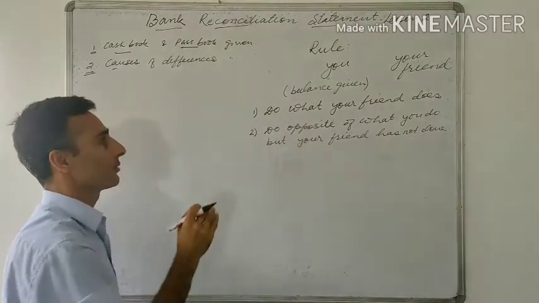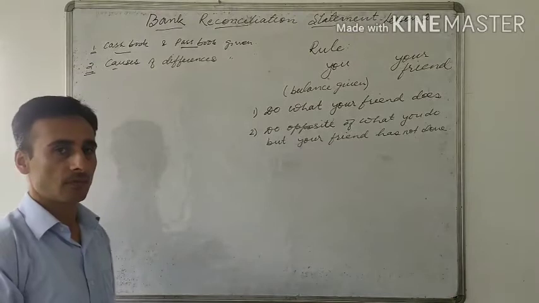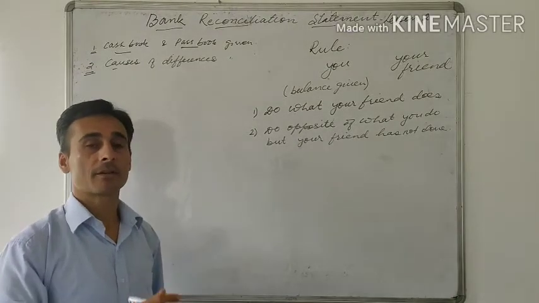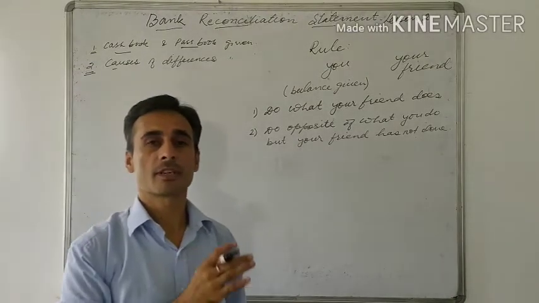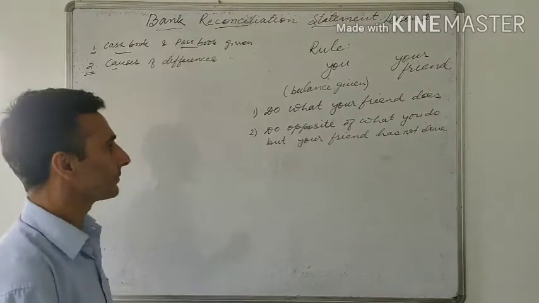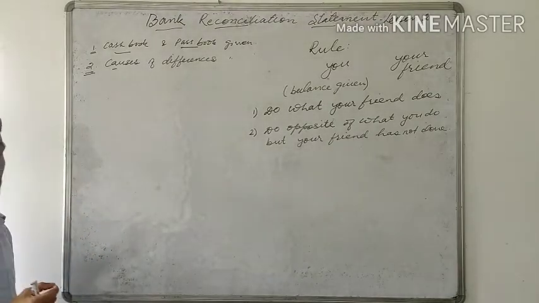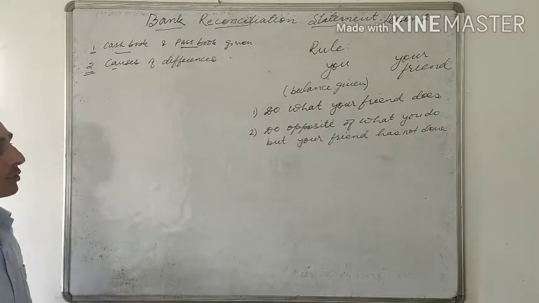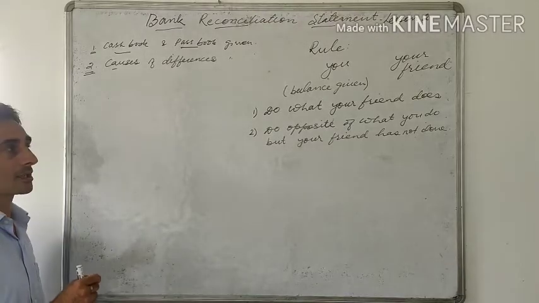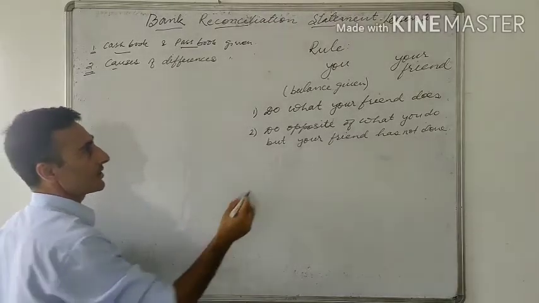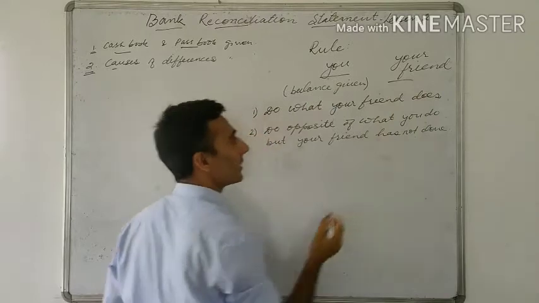These two simple rules you keep in your mind, and preparation of bank reconciliation statement will be very simple. Okay. So here I take a question to show you how to prepare a bank reconciliation statement, and this rule will also be clear to you.